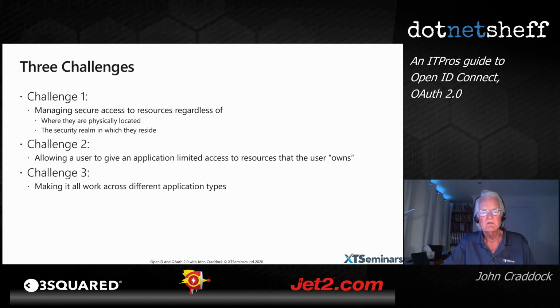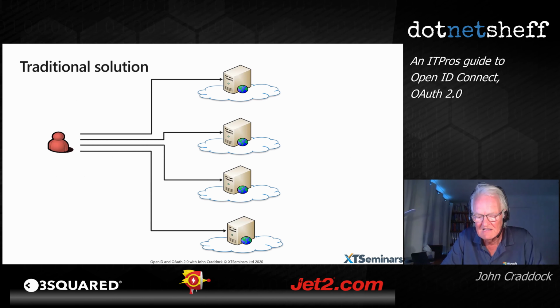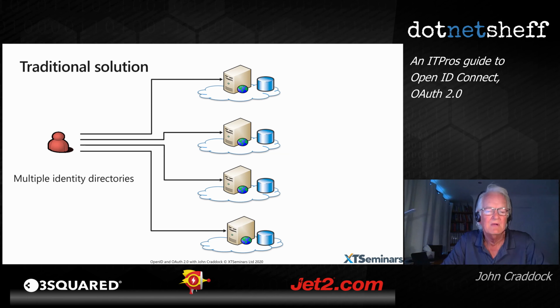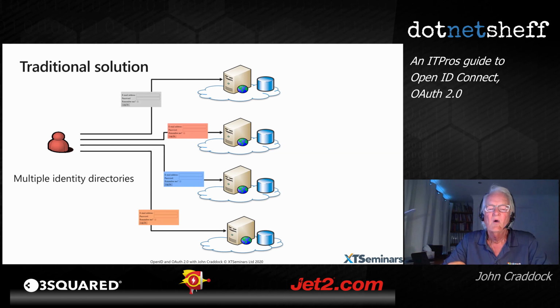So let's kick in straight away with challenge 1. If we wanted to gain access to lots and lots of different resources, typically we ended up having multiple identities, on lots of web servers, different identity providers, and so on. We would log in with forms authentication and be authenticated against an identity store for that particular resource.